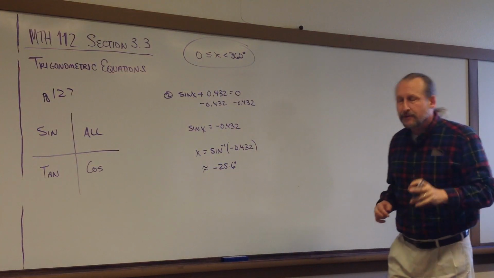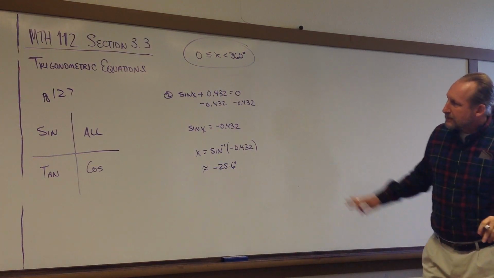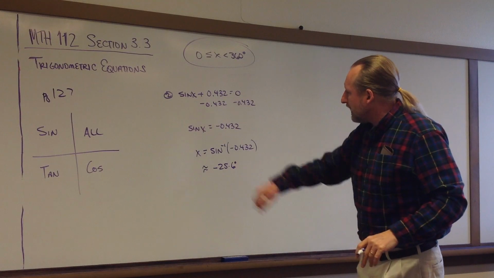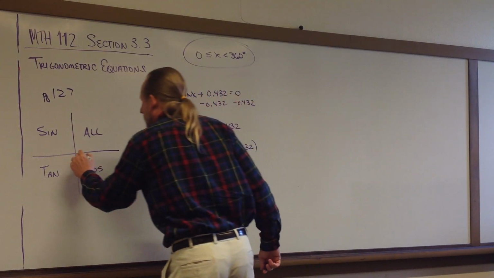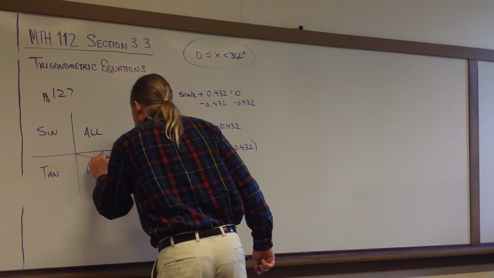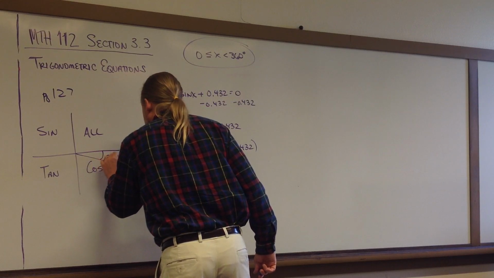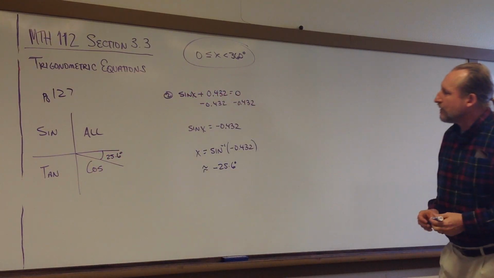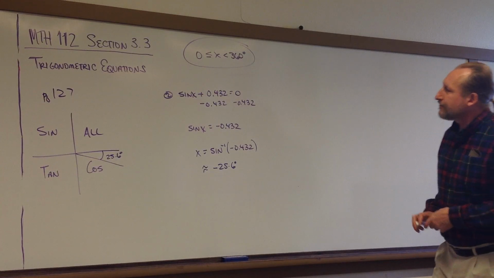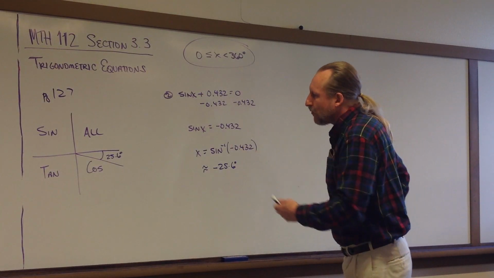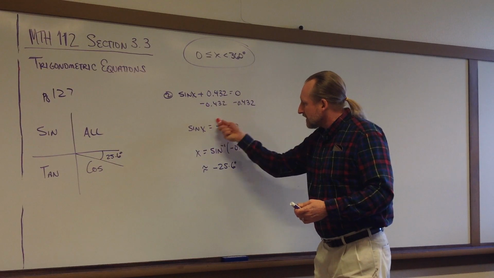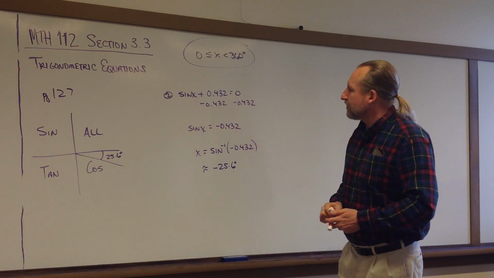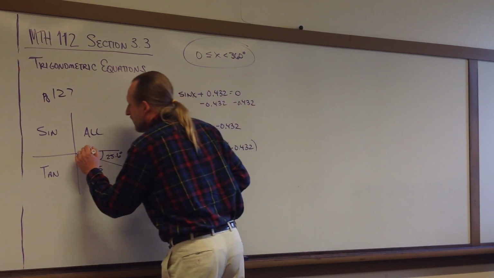So that's a little bit different. But we can still use this information. So this angle, negative 25.6, appears in the fourth quadrant, and it does have a reference angle of 25.6 degrees. So we can use that to figure out the fourth quadrant angle that has a sine equal to negative 0.432, right?